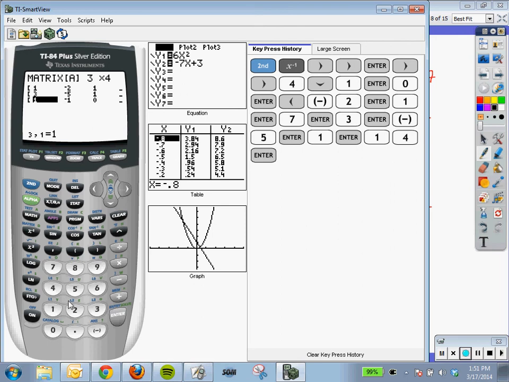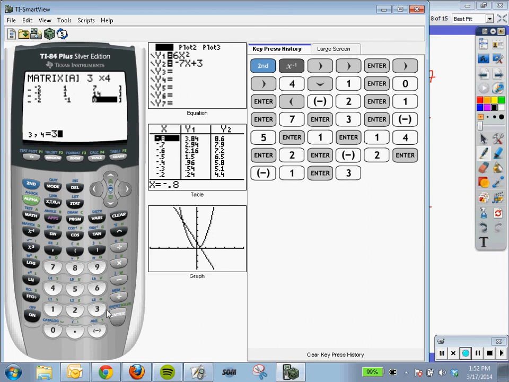And then we go to the third row, which was 2. So 2, -2, -1, 3, and 3. Okay.